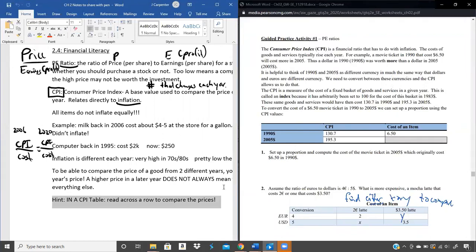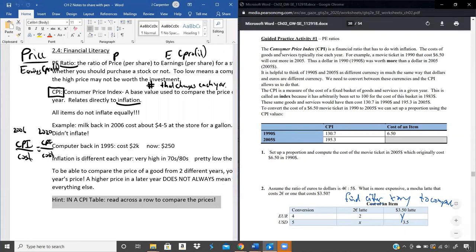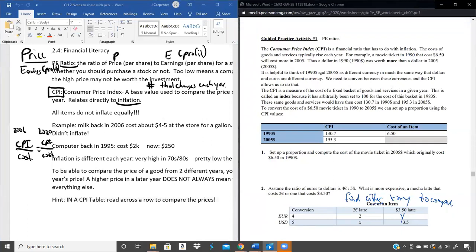Starbucks in America, you're paying $3.50. Where is the more expensive latte? So you could convert the American latte to euros, or you can convert the European latte to dollars. It doesn't matter technically which one you do, but since they asked for X, we will find X. That is important for the quiz coming up, which we're going to see that question shortly.